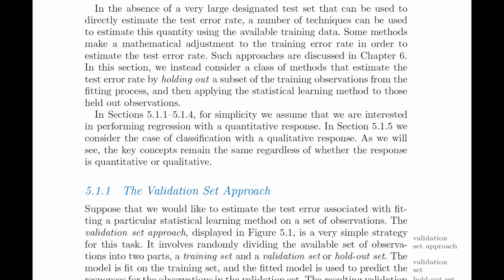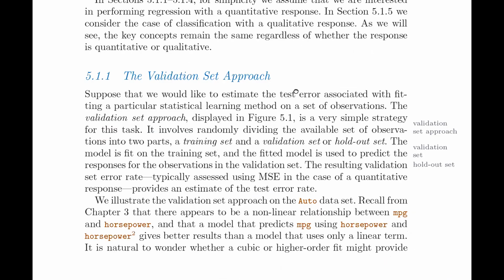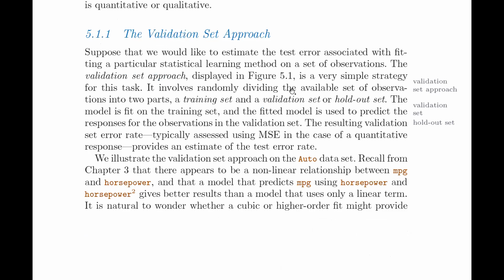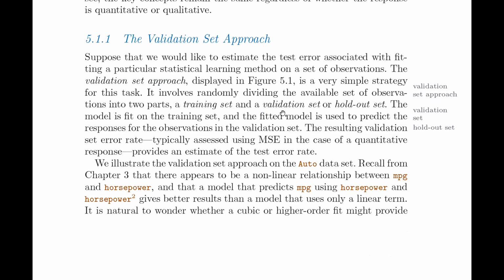In section 5.1.5, we consider the case of classification with a qualitative response. Now, as we would expect, the key concepts remain unchanged, regardless of whether the response is quantitative or qualitative. So let's get started.